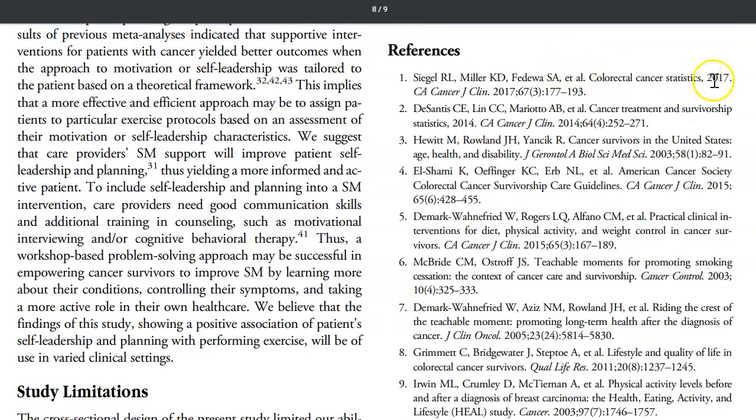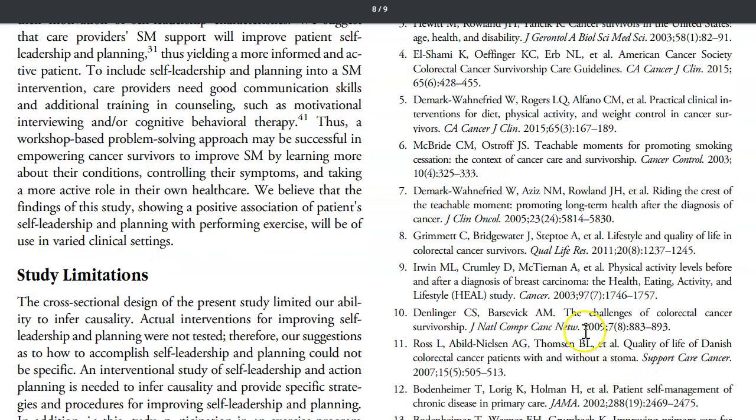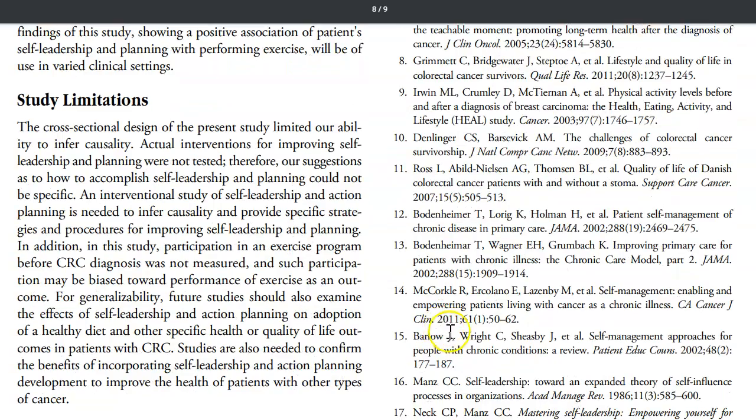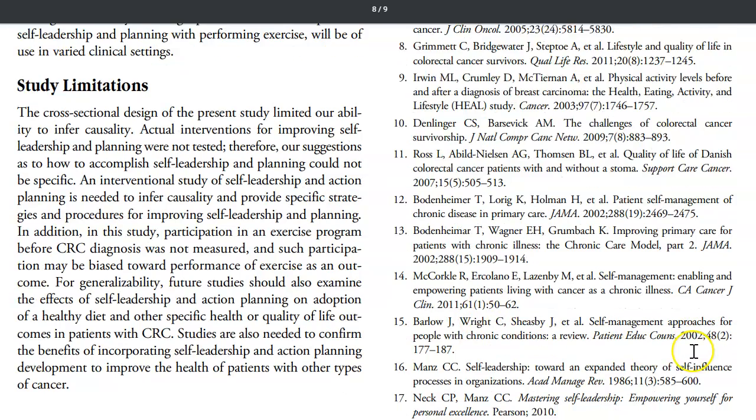So let's see, 2017, 2014, 2003, 2015, 2015, 2003, 2005, 2011, 2003, 2009, 2007, 2002, 2002, 2011, 2002.